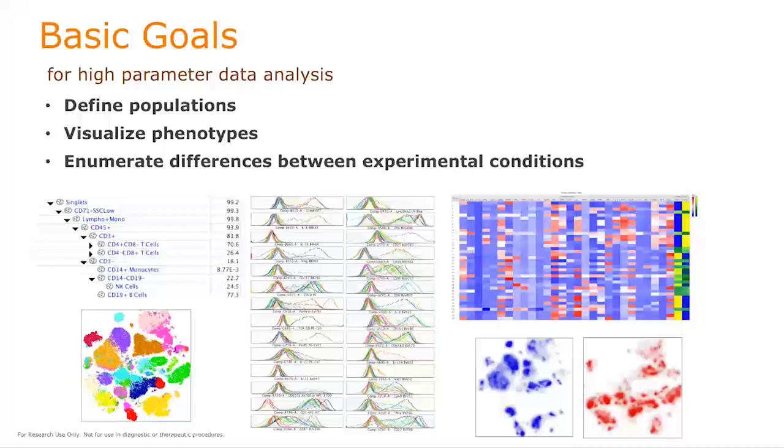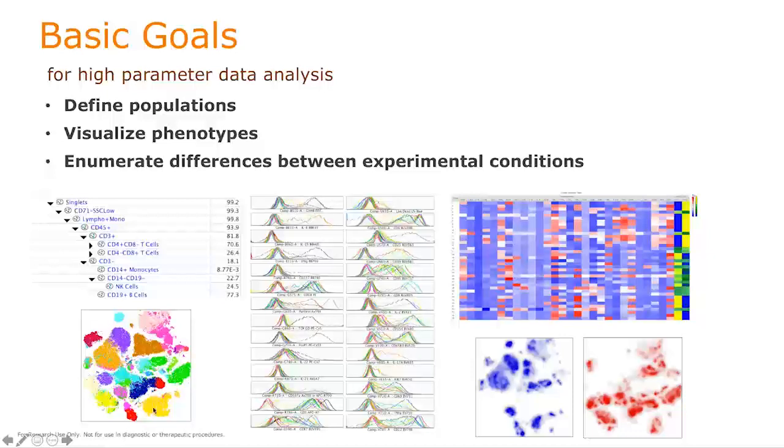Now, of course, basic goals for any high parameter analysis are going to be defining your populations in some way, and you could do that with manual gating, or you could use one of these automated clustering approaches that we'll introduce you to. And then visualize the phenotypes, and visualization can be done in a univariate plot with histograms, bivariate plots showing 2 parameters at a time.